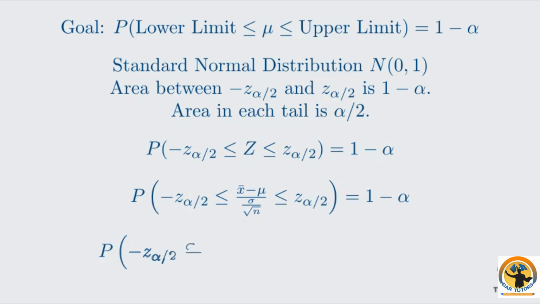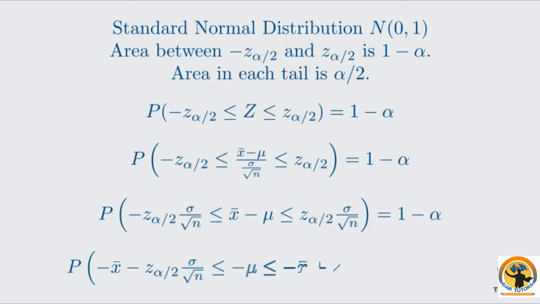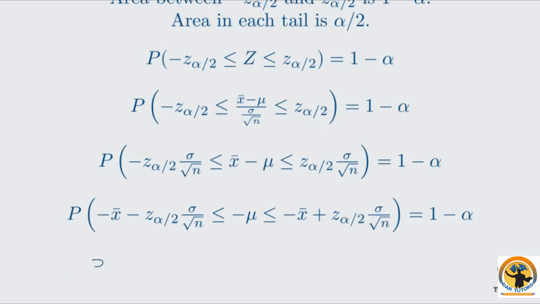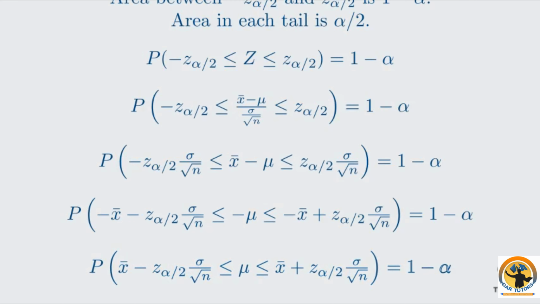First, we multiply all parts of the inequality by the standard error, sigma divided by root n. Next, we subtract the sample mean, X bar, from all parts. Finally, we multiply by -1, which reverses the inequality signs. This gives us the probability statement for the confidence interval for M. To get the actual interval, we replace the random variable X bar with our observed sample mean, which we also call X bar.